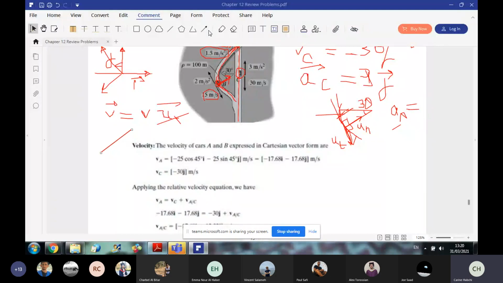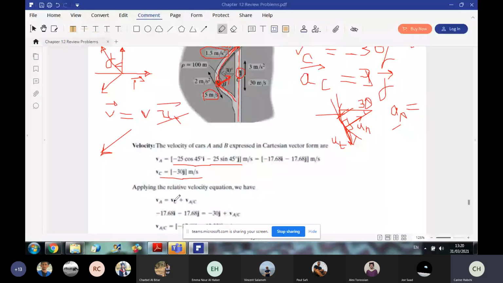Since the inclined line makes an angle of 45 degrees with the horizontal, this is the direction of velocity. It will have negative i, negative j. So the expression for VA is minus 25 cosine 45 i minus 25 sine 45 j. Now VC is just along minus j, so VC equals minus 30 j.